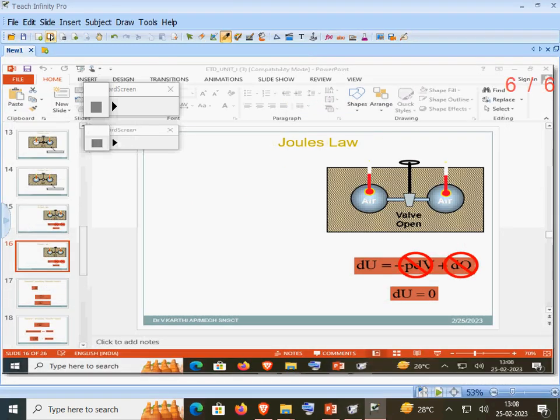Air expanded to fill the container. Change in volume, change in pressure. No external work was done; air expanded into a vacuum within the system. No heat was added or subtracted. Thermally insulated system. No change in internal energy.